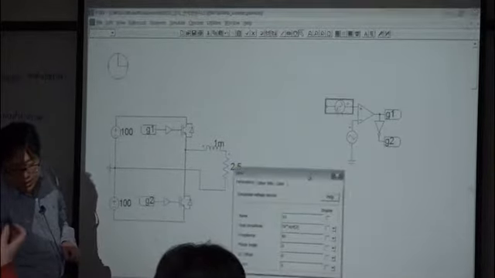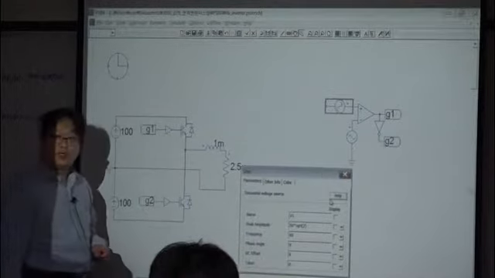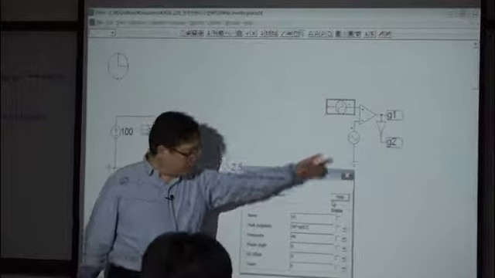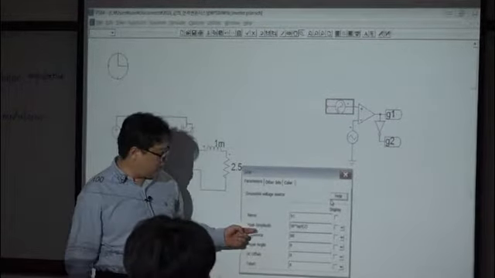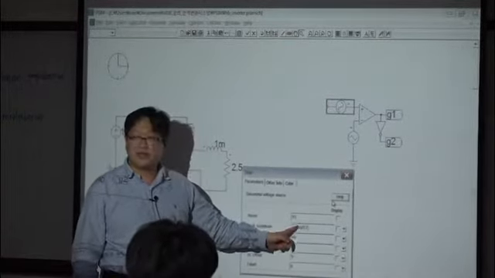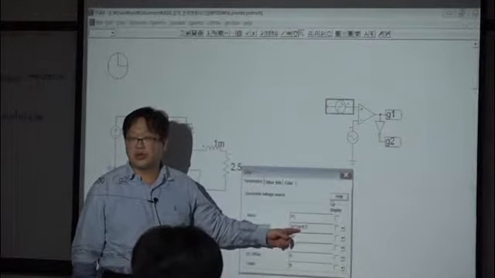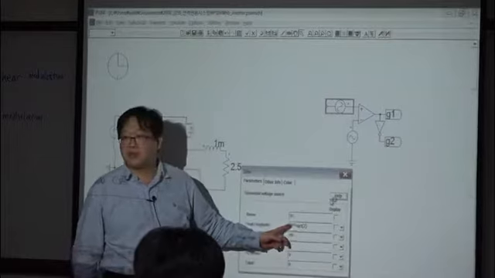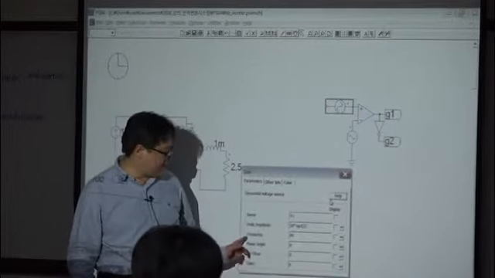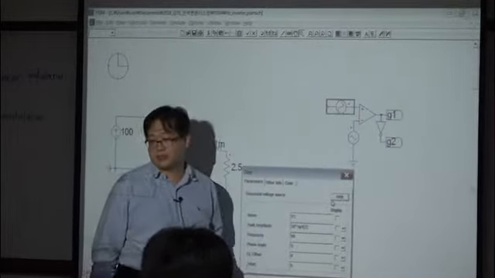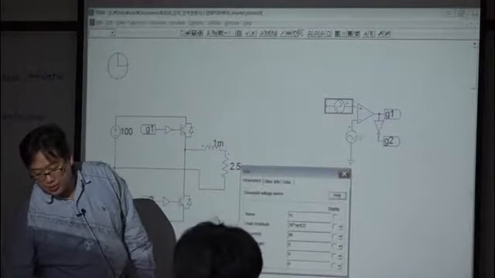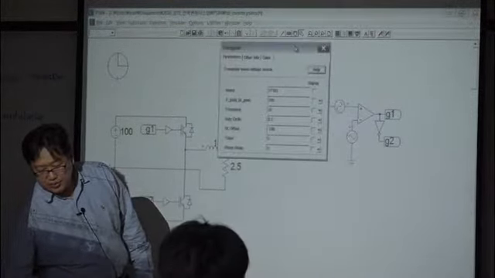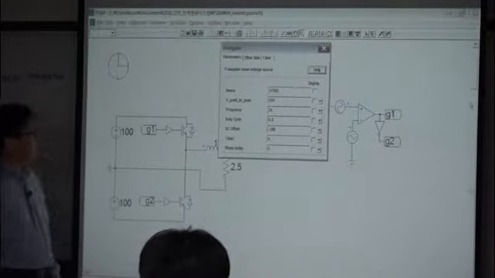And see this. Your voltage reference here is a sinusoidal waveform, and its peak amplitude is 50 multiplied by square root 2. What does it mean? Its magnitude is 50 volt RMS, right? And the frequency is 60 hertz. And what about your carrier? The carrier is simply set like this.